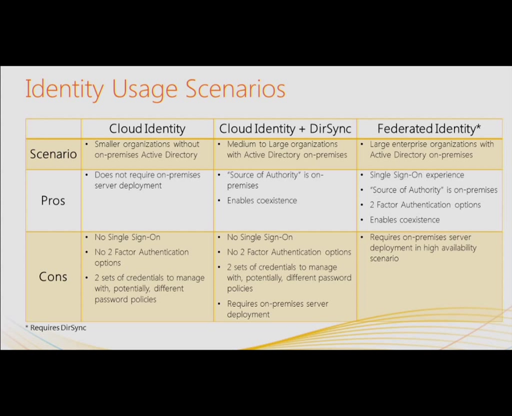Then, let's continue. We can also implement cloud identity plus DirSync. We will talk about DirSync later, or better, in the next module. And we will learn that DirSync is a software, an application that will work inside my local domain, inside my Active Directory. And DirSync will take care of synchronizing users from my local Active Directory to Office 365.